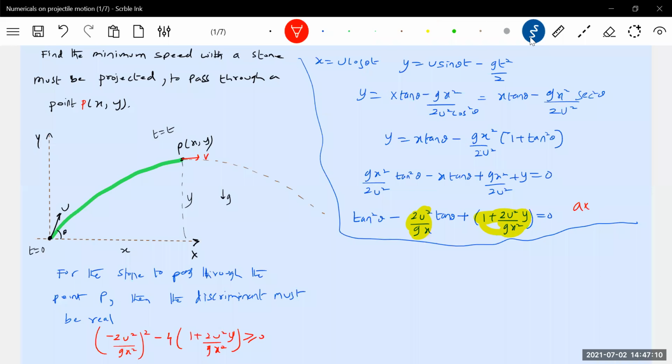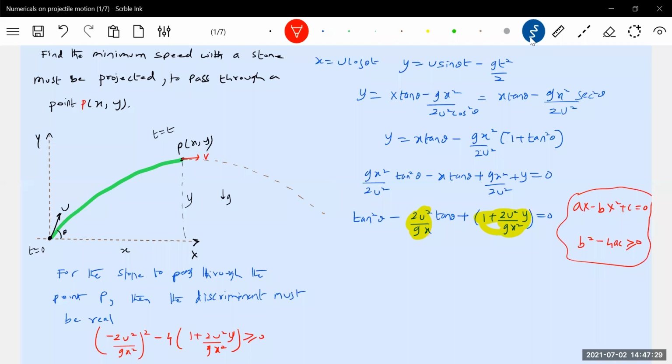So ax square minus bx plus c equal to 0, and b square minus 4ac must be greater than or equal to 0, written for the condition to be real. I'll put a boundary like this.